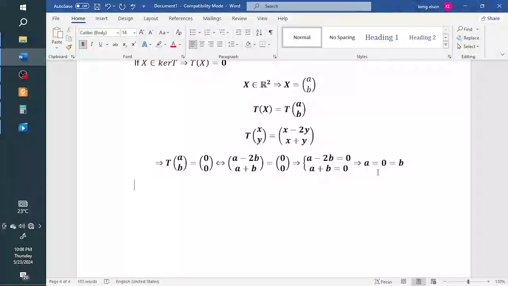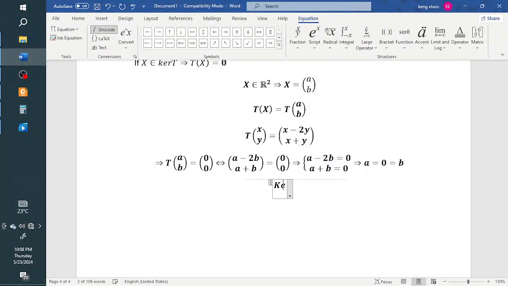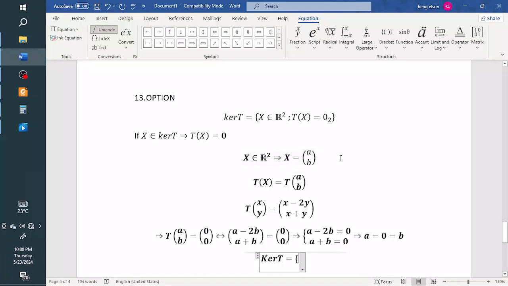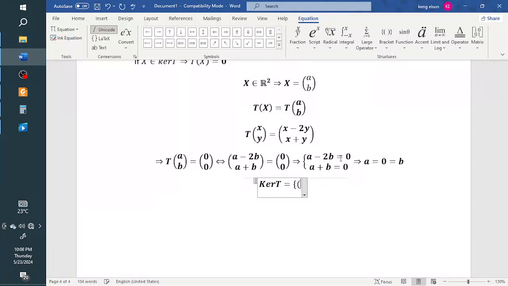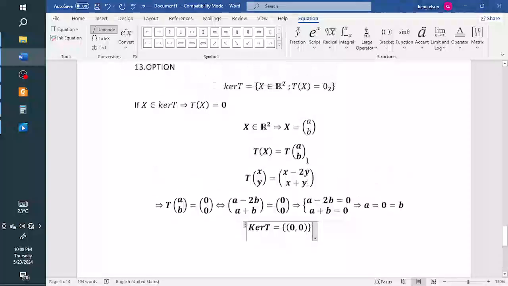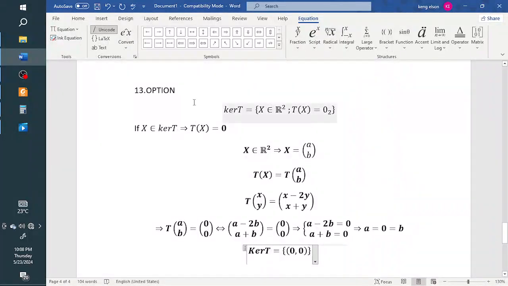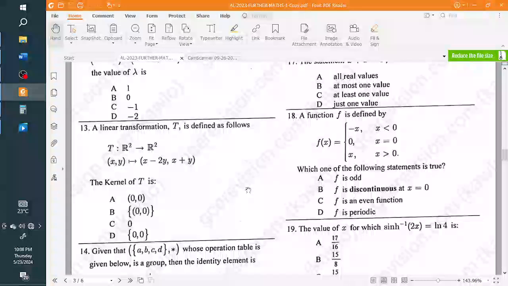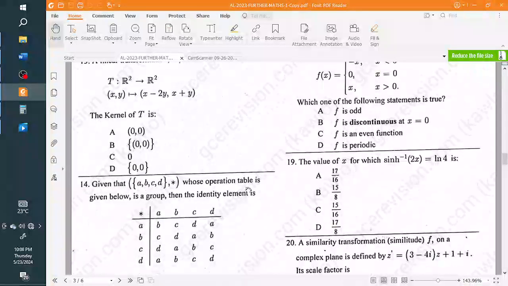Now, what is my kernel? It is a set, the set of vectors. So the set containing the vector (0, 0). Like we said, it is a set. Going back to the options, we take option B. Option B is correct.